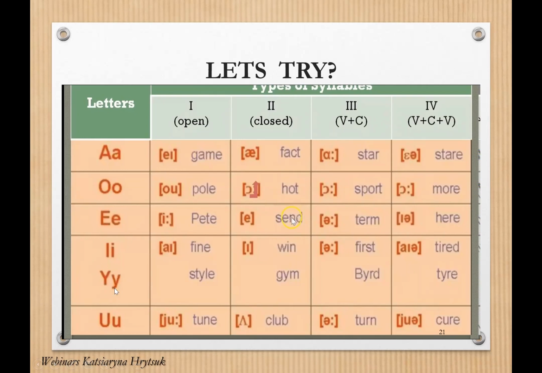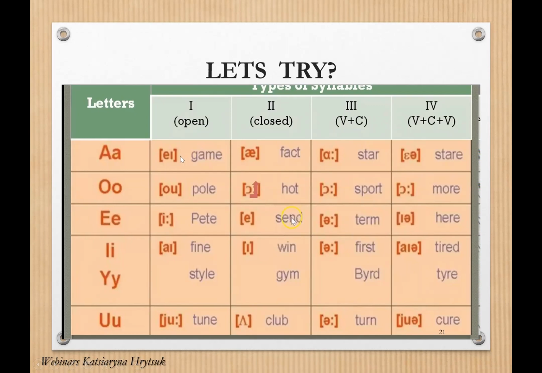Next, letter I and Y. I, open syllable, fine, style. Closed syllable, win, gym. Third syllable with vowel plus consonant, first, bird. Okay, and ire, tired, tire.